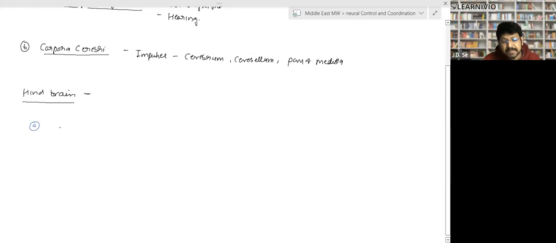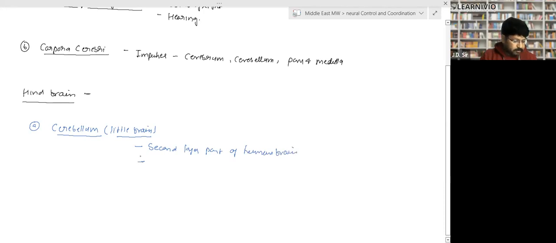Cerebellum means little brain. This is the second largest part of the human brain. Underline it: the largest is cerebrum, and cerebellum is the second largest.